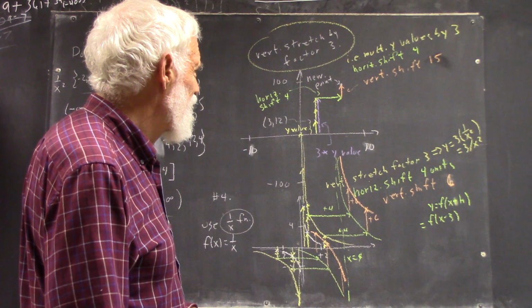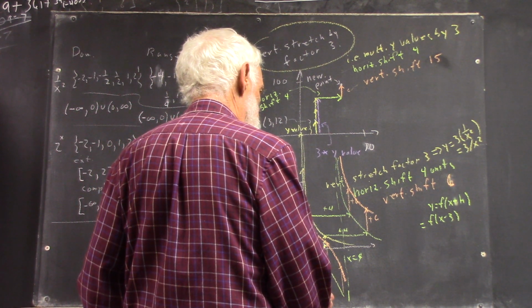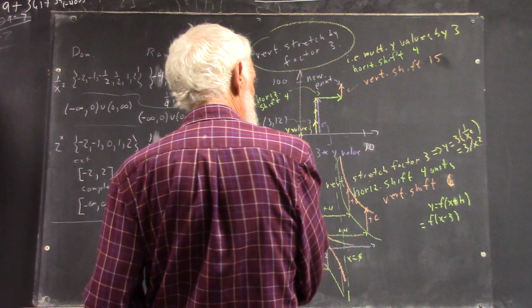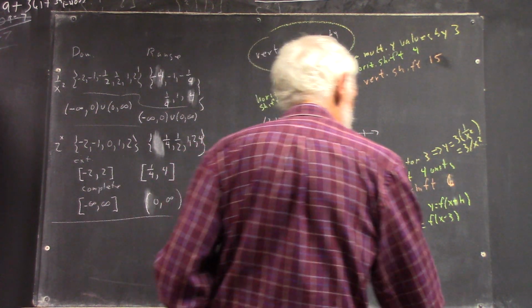Okay? And I'm a little careless because if this is f of x, we don't know what this is, and this is something else, so I've got to rewrite that.